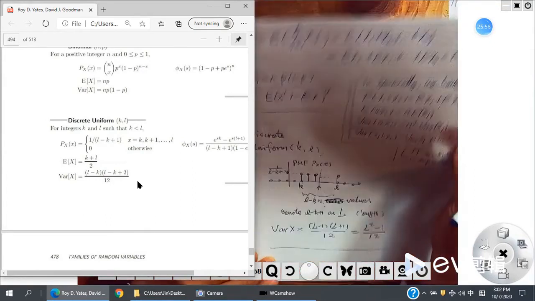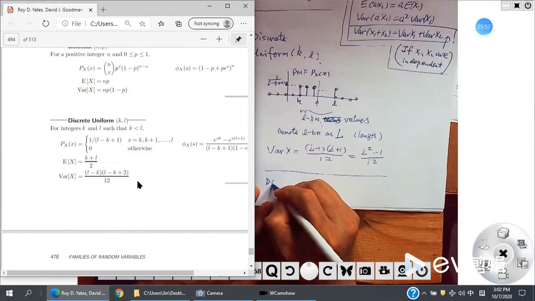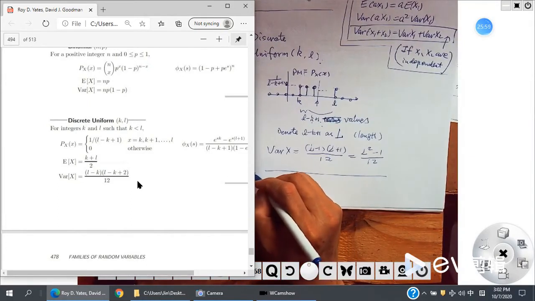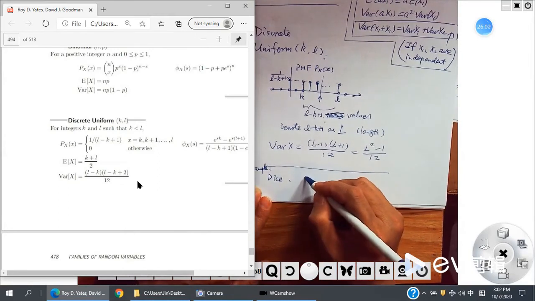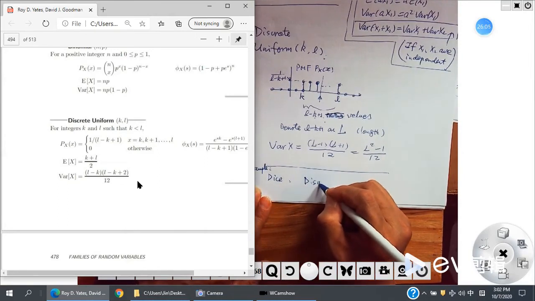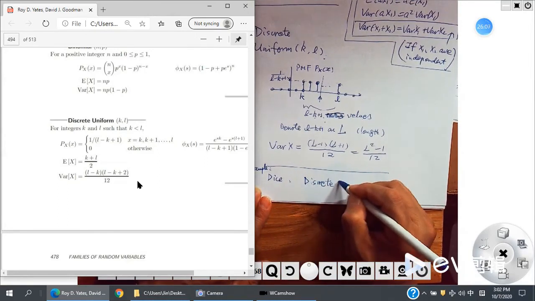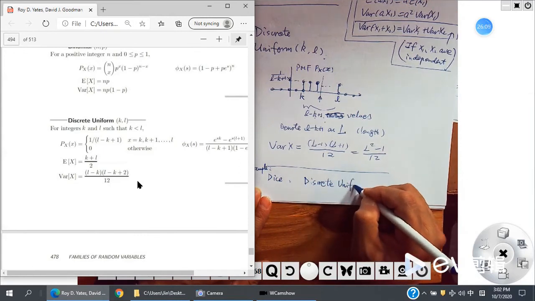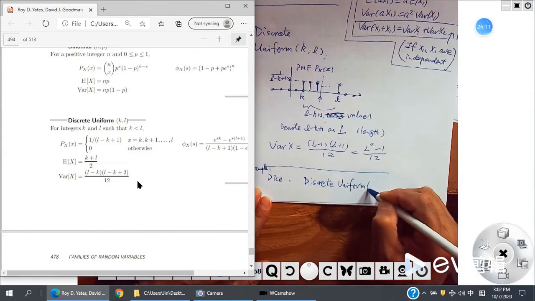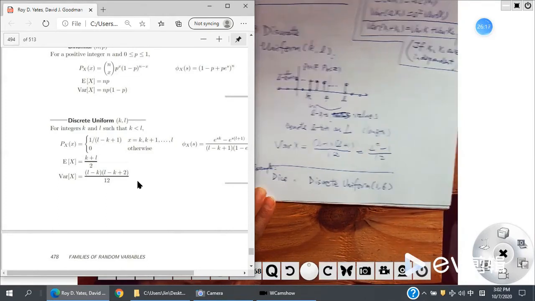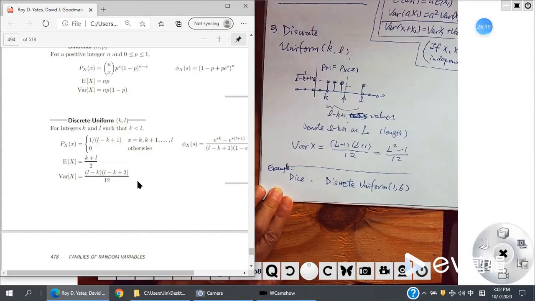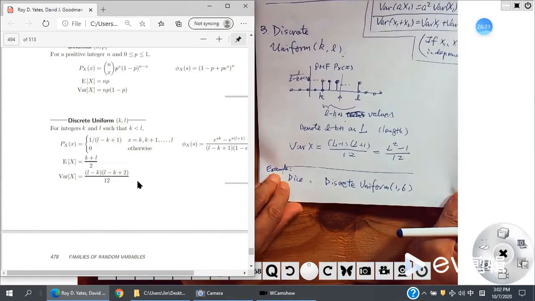So the dice, as an example, is a discrete uniform from 1 to 6, right? Yeah, for dice. So this is a uniform distribution.